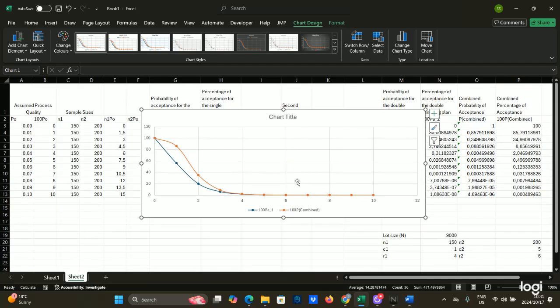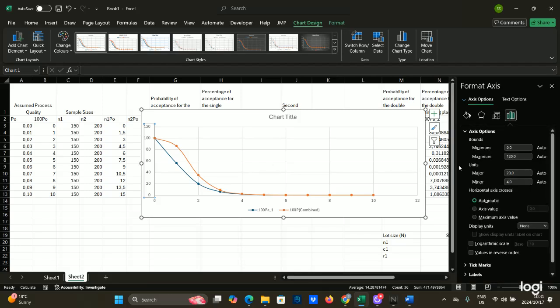Now I want us to justify our axis, right? So under maximum here, our maximum is 120, we're gonna reduce it back to 100.